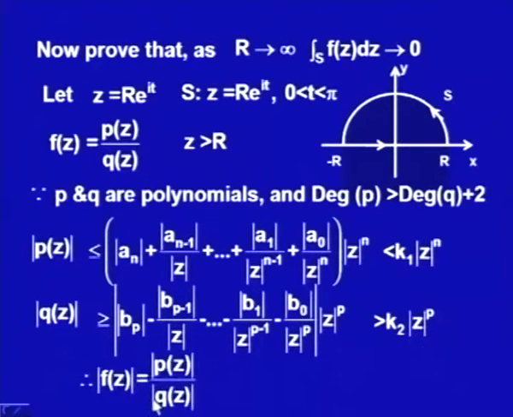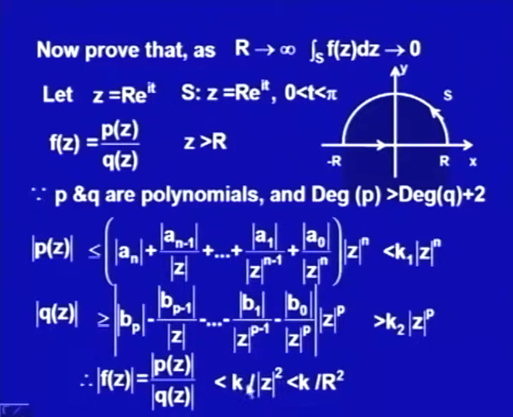That says I could write that mod f(z) is less than k_1 times mod z to the power n upon k_2, because 1 upon Q(z) is bounded above. So, I write k_1 upon k_2, let us say some other constant k, upon mod z squared, because at least the difference between p and n is 2. So, it has to be greater than or equal to 2. So, at least it has to be 2.